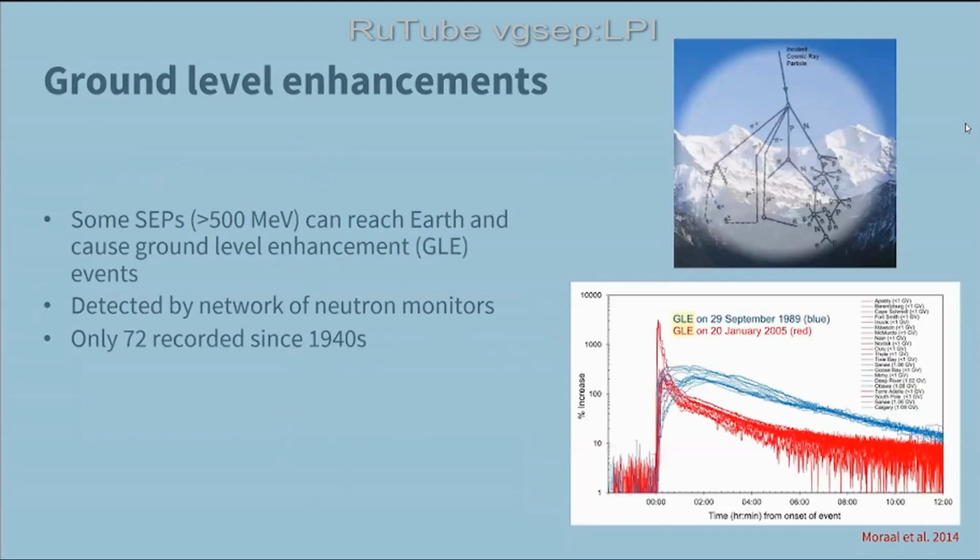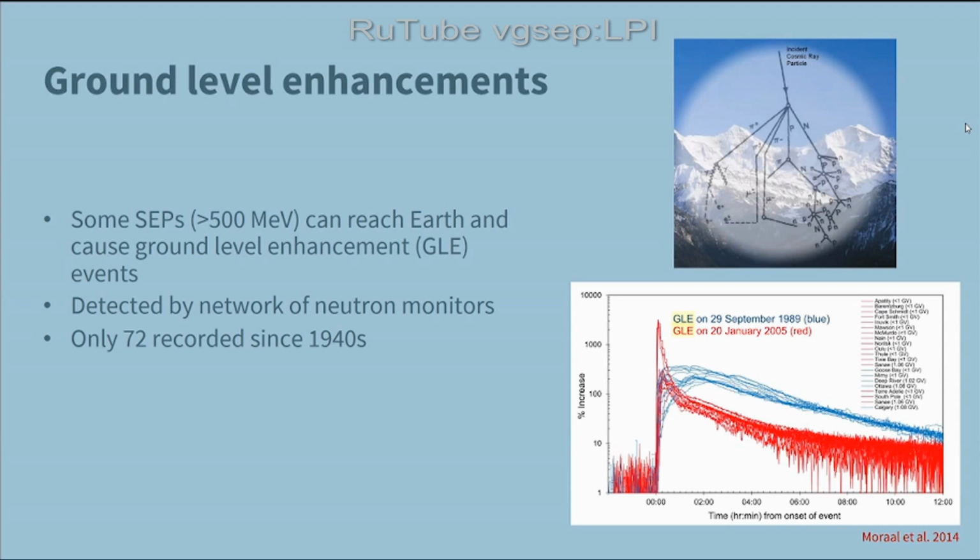So some SEPs are accelerated obviously up to hundreds of MeV and greater in energy, and some of these are capable of reaching Earth and ground level and are therefore called ground level enhancement events, which I'm sure some of you are familiar with in the crowd.